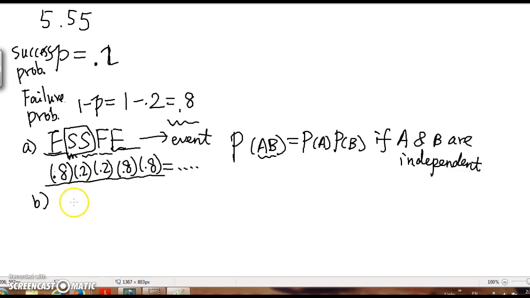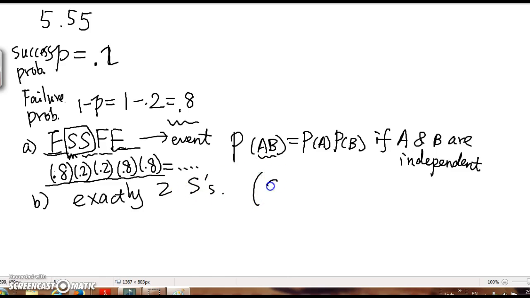But in part B, it says exactly 2 successes. Well, which 2 people will answer yes, they live alone? It could be many different possibilities. So maybe the first person, there are many possibilities.